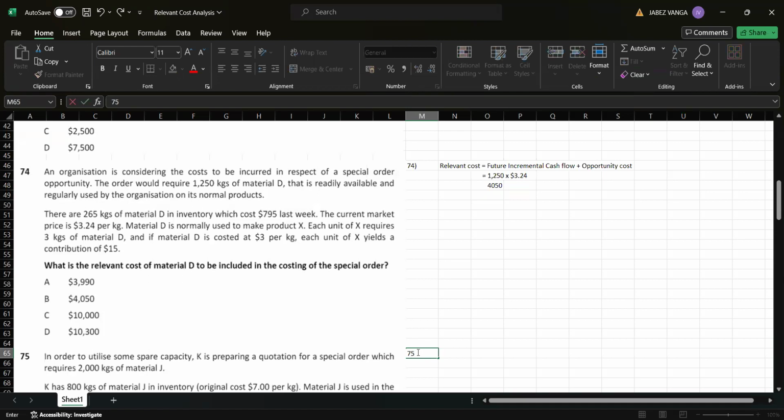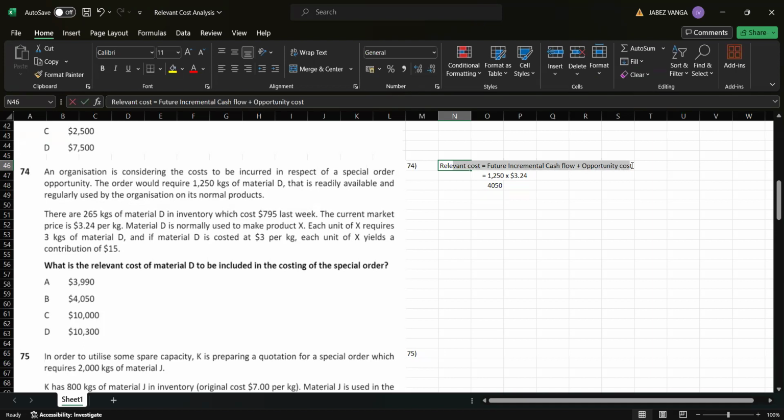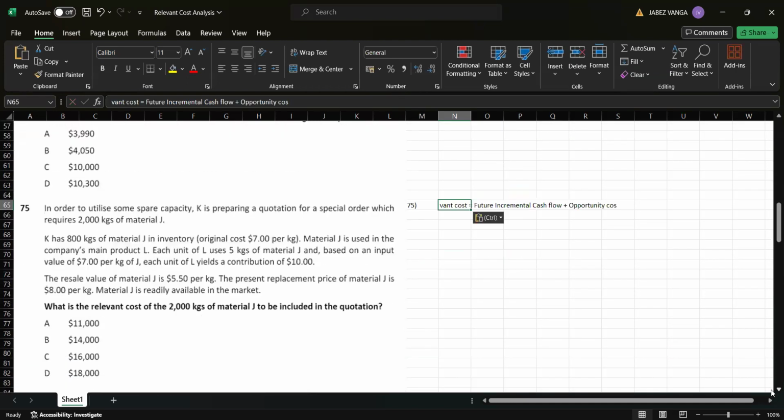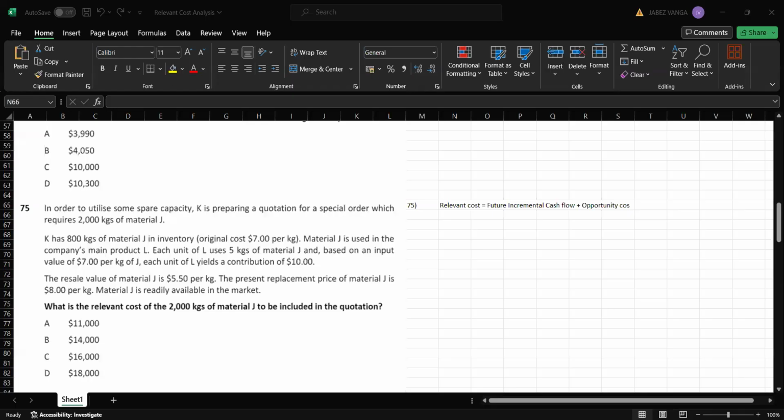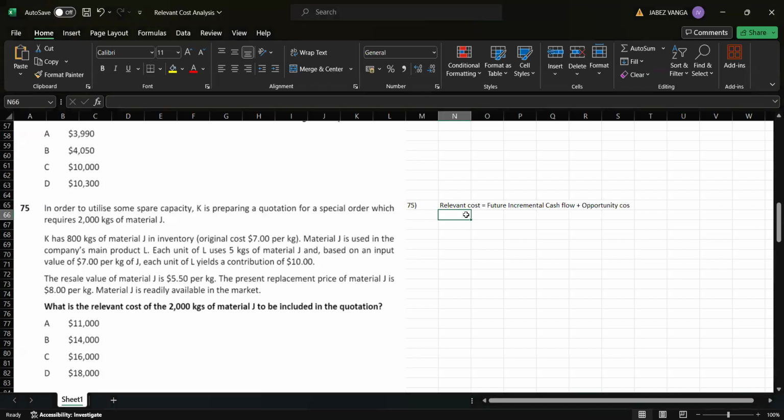So for question number 75, the requirement of material is 2,000 kgs.